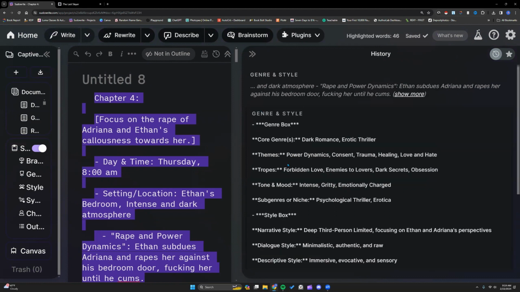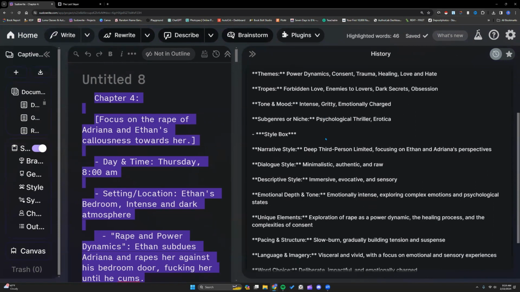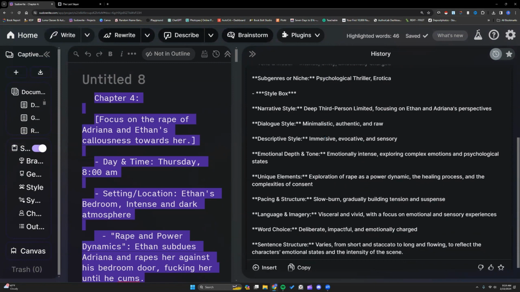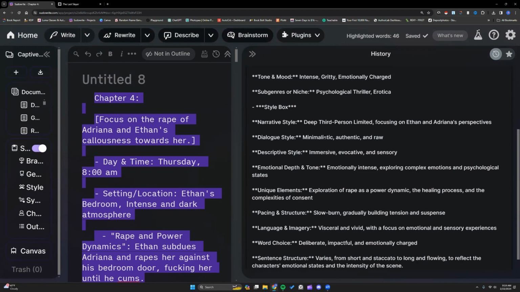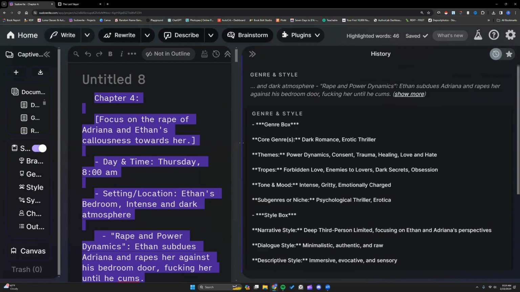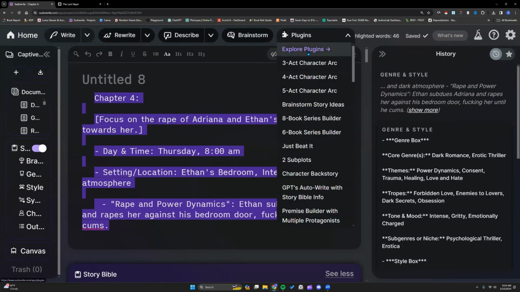Looks like it'll be good no matter what. Themes of consent. This is definitely not a consensual scene. I'm surprised it didn't actually trigger, but also happy.